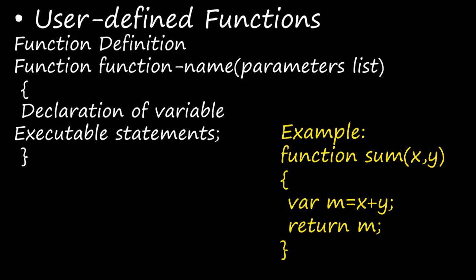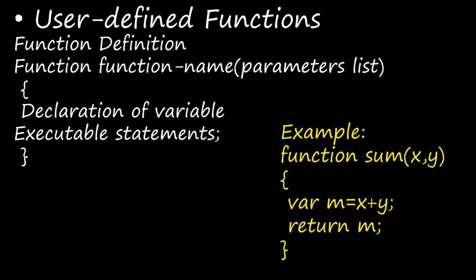Function means first the word function and then the function name will be given, and inside the brackets each parameter will be separated by commas, and inside the body of the function we write the statements and the declaration of variables and all. Whatever is inside the body of the function will be inside the braces only.